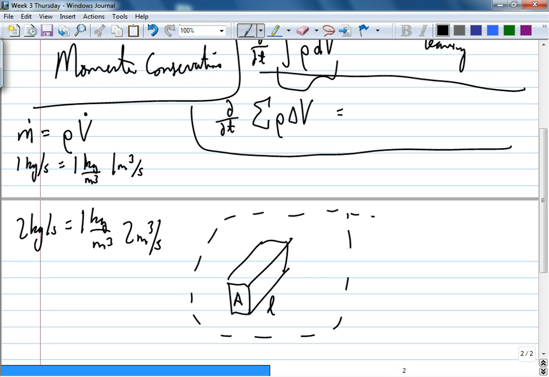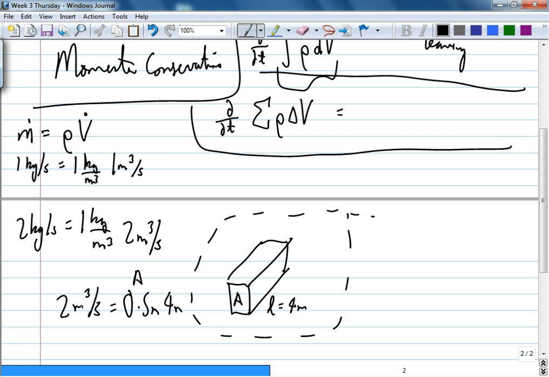For example, if 2 meter cube needs to enter every second through an opening of area A equal to 0.5, then the length must be 4 meters, because 4 times 0.5 gives me 2.